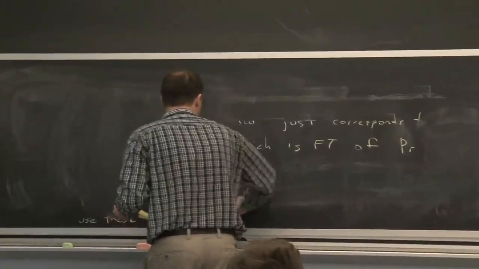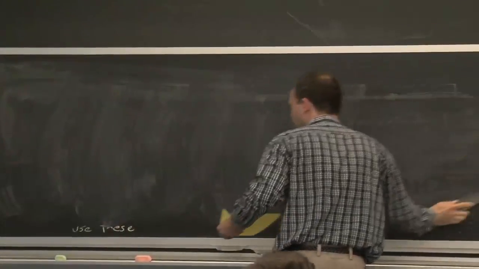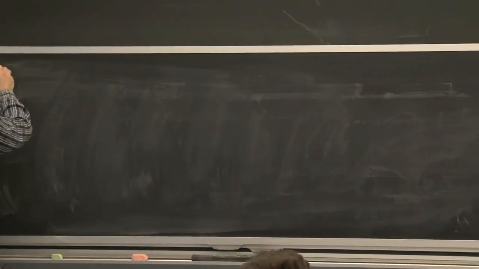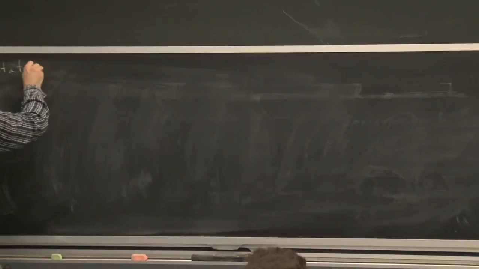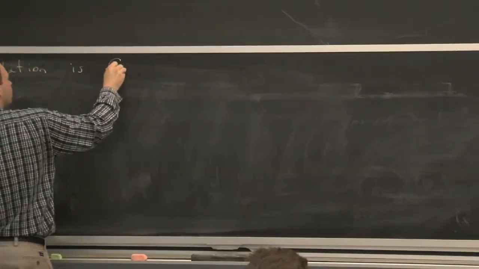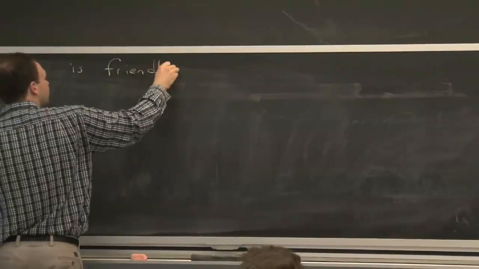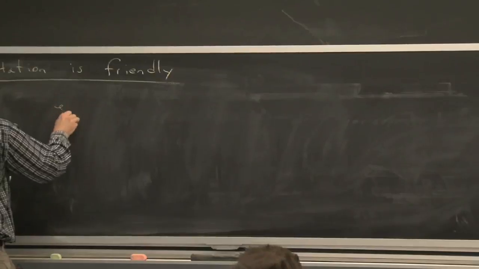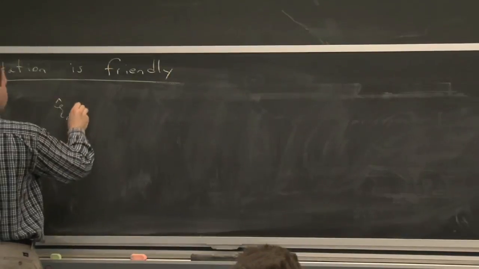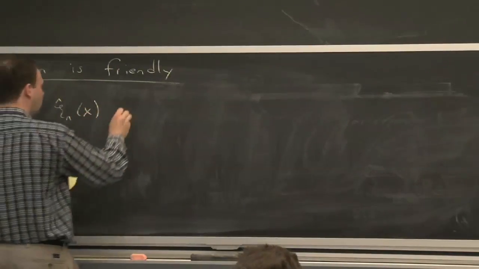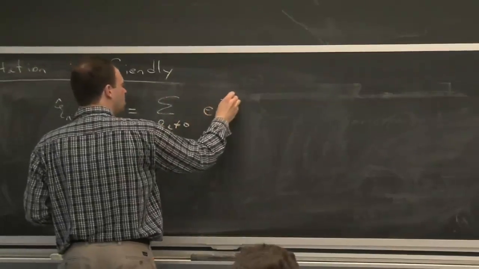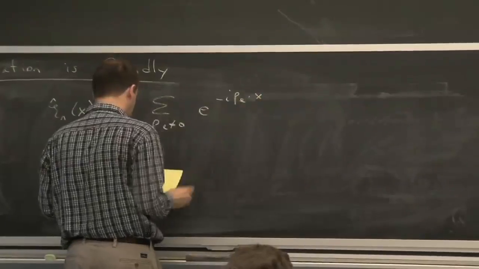Okay, so let's see that this notation is actually kind of friendly. Let me try to convince you of that. It looks kind of daunting, but maybe it's not so daunting. So let's look at this guy, which was equal to this.